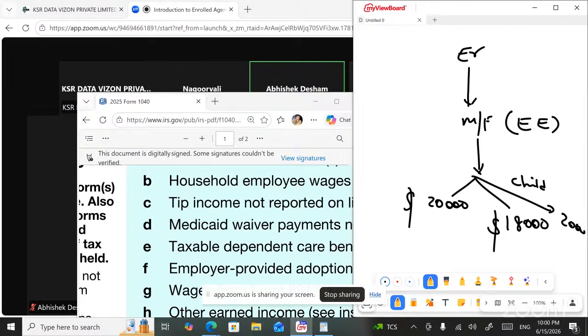The entire $20,000 received from the employer by the employee is divided into two parts. One is the non-taxable part, which is really spent, and the other is the taxable part, which was not spent. So the amount which is taxable, not the entire amount received from the employer, is to be included in this.